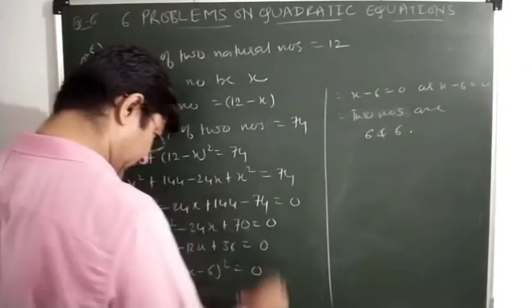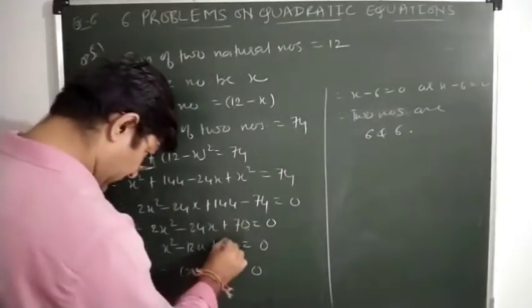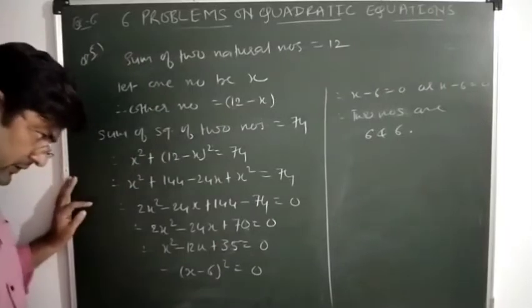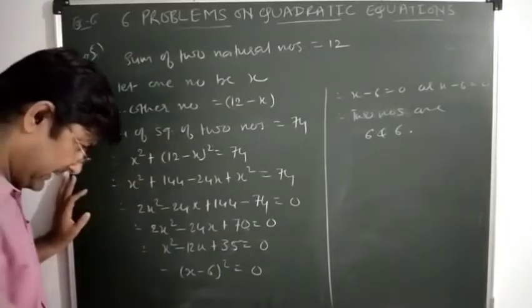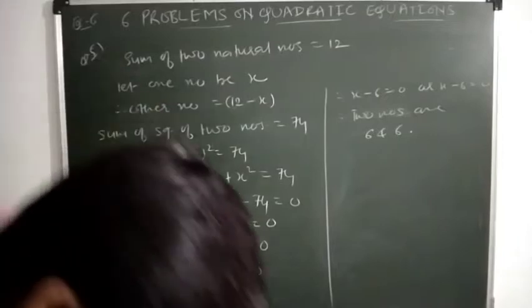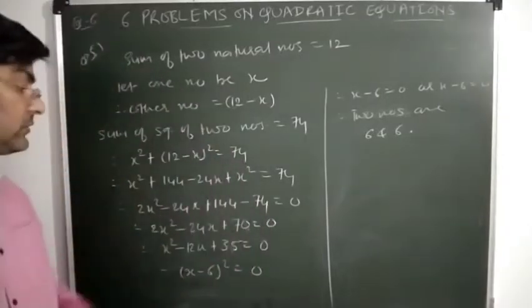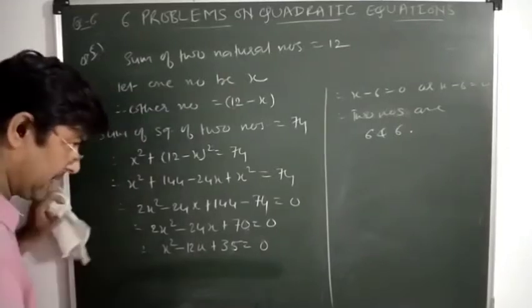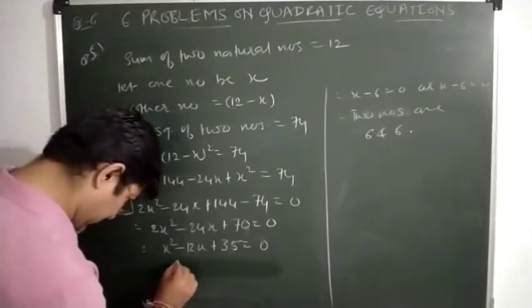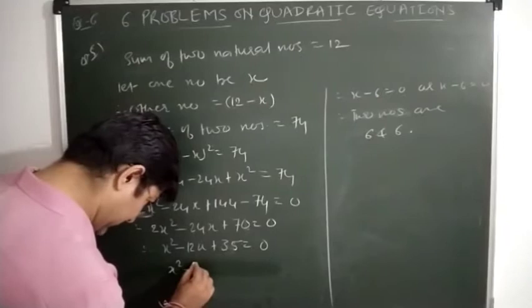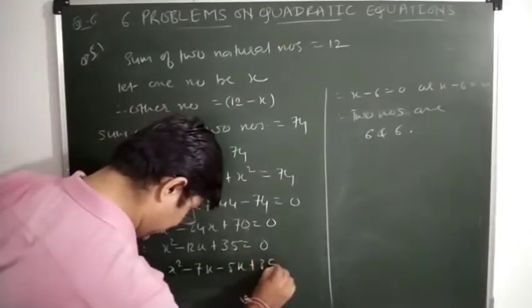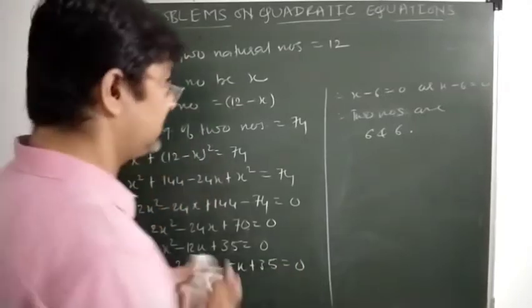So 70, and so here 35. Okay, now 7 5s are 35, 7 plus 5. So here the factors will change. Okay, so because of this one mistake we have made, let us correct. Therefore x square minus 7x minus 5x plus 35 is equal to 0.